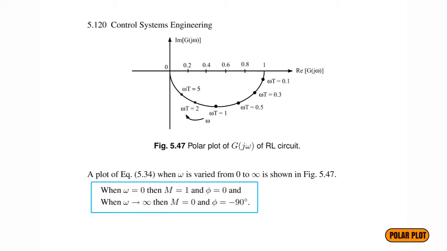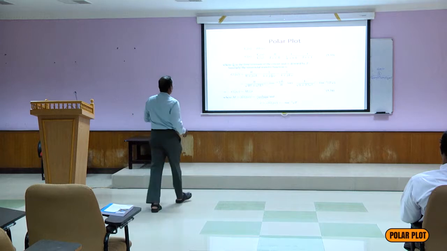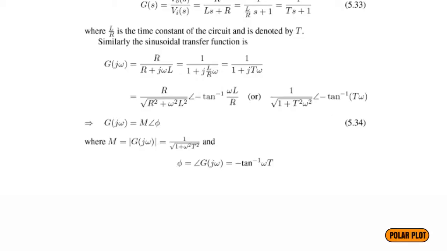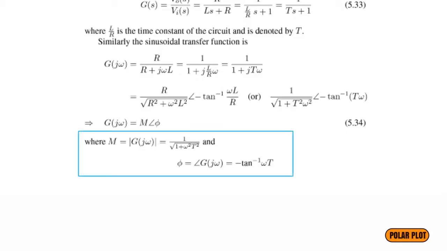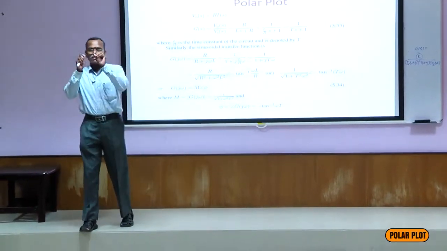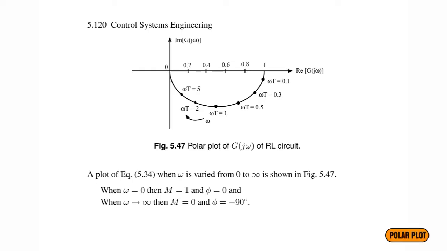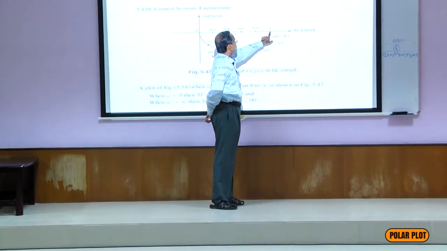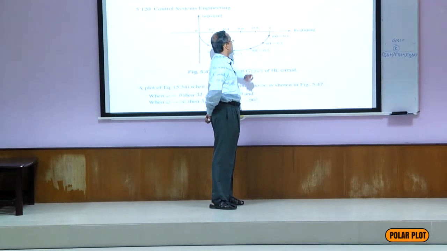Here the magnitude equals 1 by square root of 1 plus omega square tau square, and the phase angle equals minus tan inverse of omega tau for a first order system. When omega equal to 0, the angle is 0. Therefore, the first coordinate is magnitude 1, angle 0. That's why this is the point.